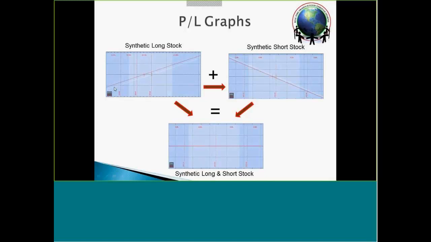Actually, that's exactly where this came from. This is the profit and loss graph of a long stock, and it basically says, okay, the value is going to go down for every dollar that the stock goes down. It goes up the same way. For a short synthetic, it looks just the opposite.